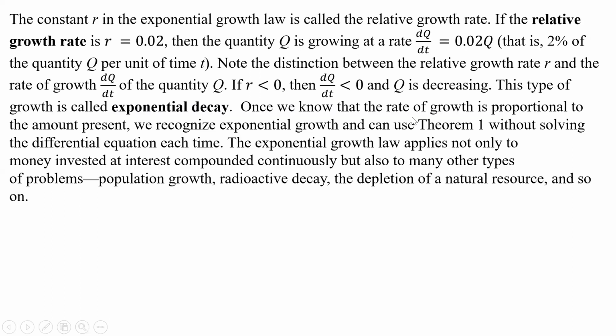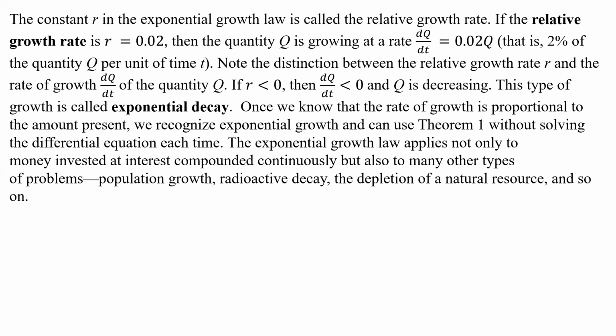Now, the constant r in this law is called the relative growth rate. If the relative growth rate is, say, 0.02, then the quantity q is growing at a rate of dq/dt equals 0.02 times q. So that is 2% of the quantity q per unit of time t.